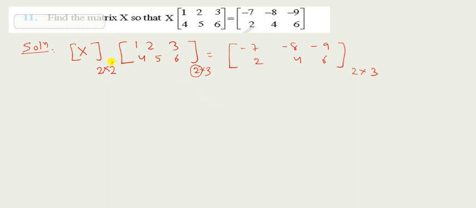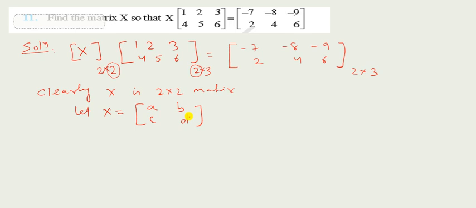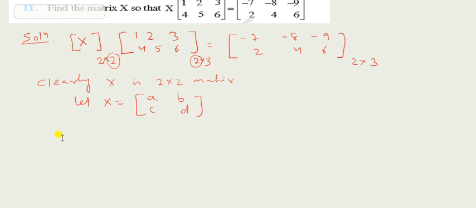So X is a 2 cross 2 matrix, let X equal A, B, C and D. Now my job is to generate the equations and find the values of A, B, C and D, right? So you start from the given statement.